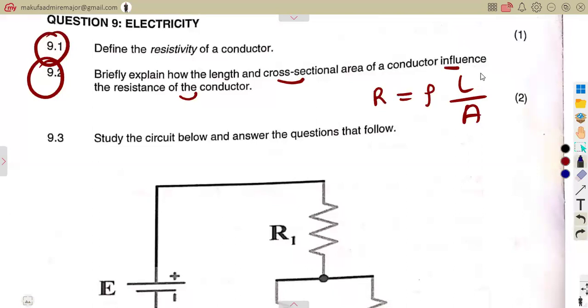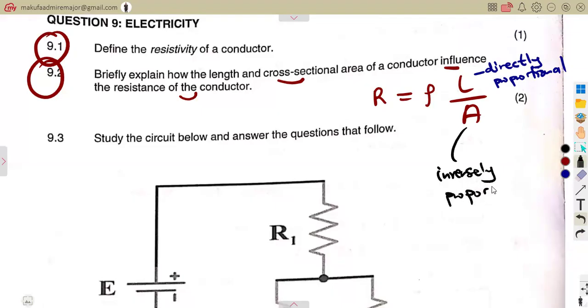So the length is going to affect it directly. What about the area? It is inversely proportional.